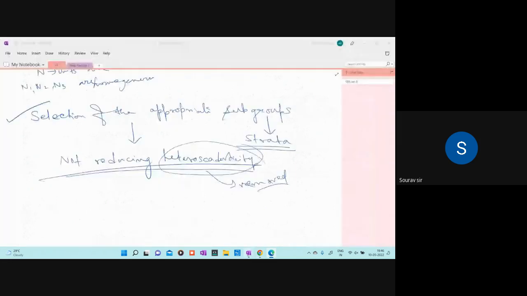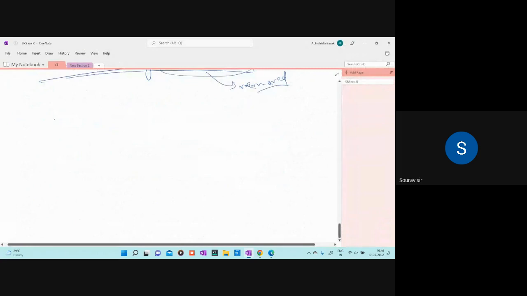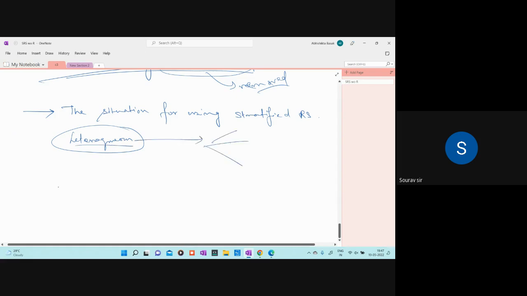When we are using the stratified random sampling, you need to state first the situation for using stratified random sampling. Next, what we are going to discuss is the advantages. The main advantage is that, if my population is heterogeneous, then we need to divide them into several homogeneous subgroups.